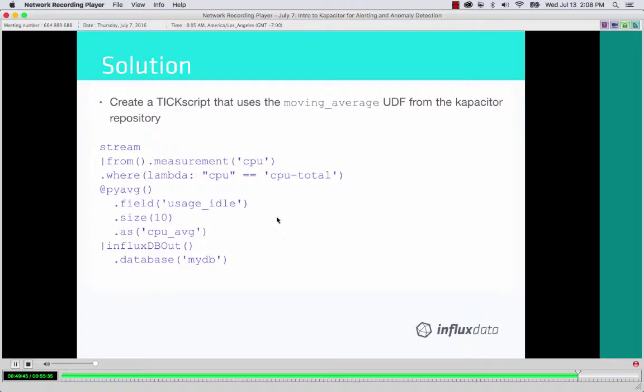Then I want to run pyAvg, which is a moving average function, on the stream. It's going to grab the field usage_idle, with the window that I'm averaging across being 10, and output that as cpu_average. When I'm done with it, I want to write that data back into InfluxDB.